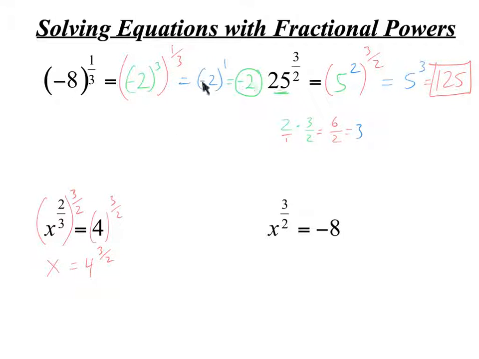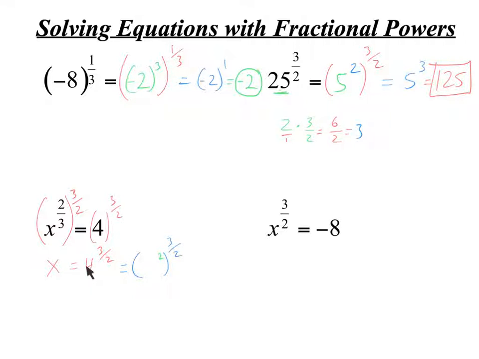But here's my problem. 4 to the 3 over 2 power. Now am I doing a problem like this? Did you catch that? Now I got to do these things. So I need to change 4 to a second power. So couldn't I write that as, okay, I still have 3 over 2 power, and I want a second power here. So what to the second power gives you 4?